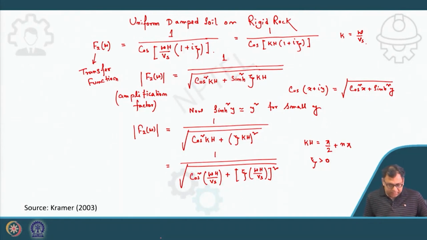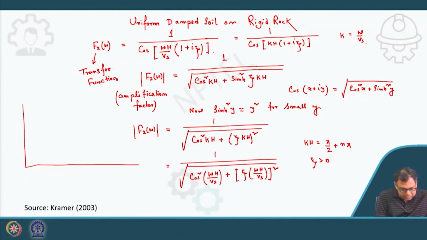So, that means here if I plot the amplification factor again with respect to kh, this is F2 omega mod. Then at kh equal to 0, this is cos 0, this will be 1.